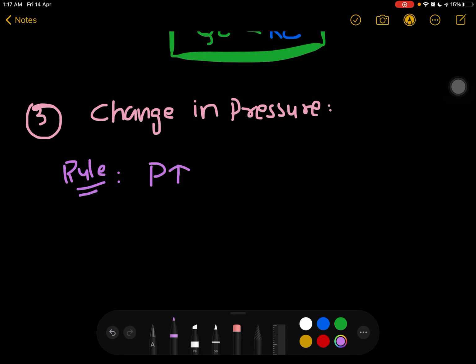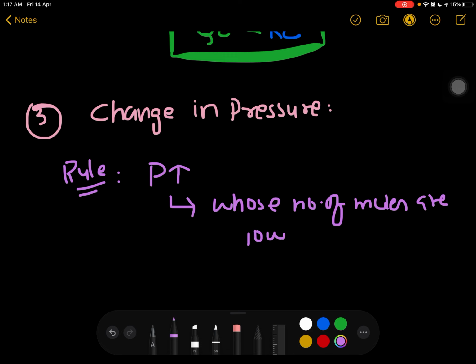If we increase the pressure, the reaction will move towards the direction whose number of moles are low, or you can say the volume is low.